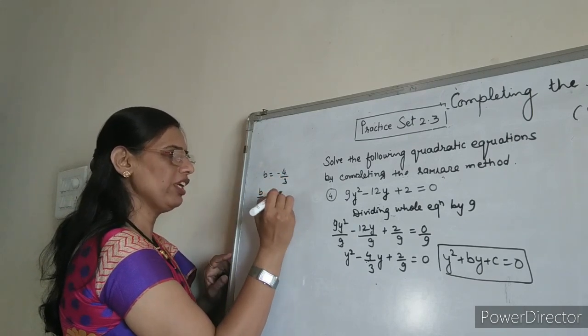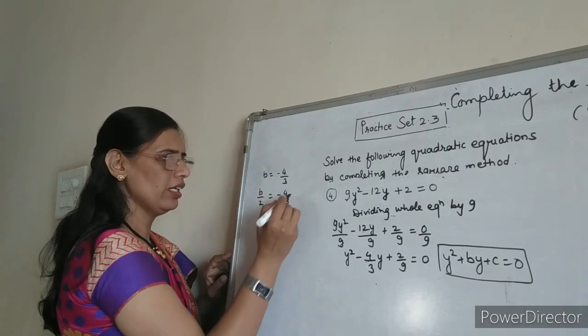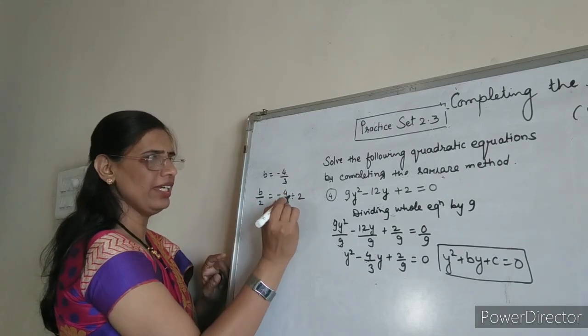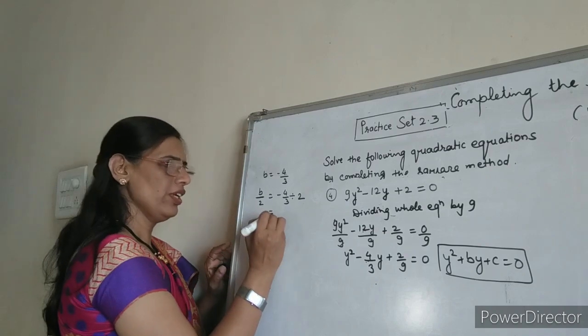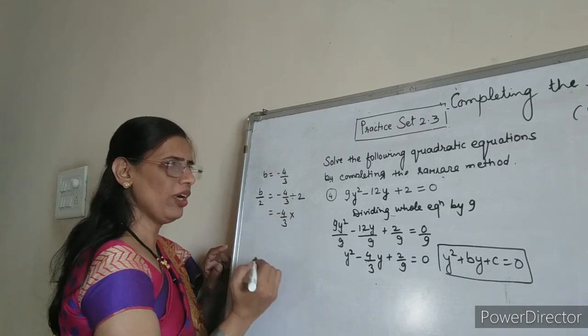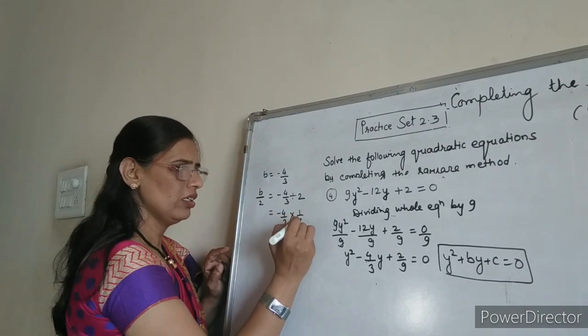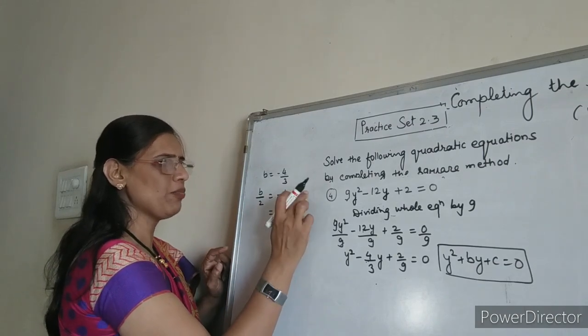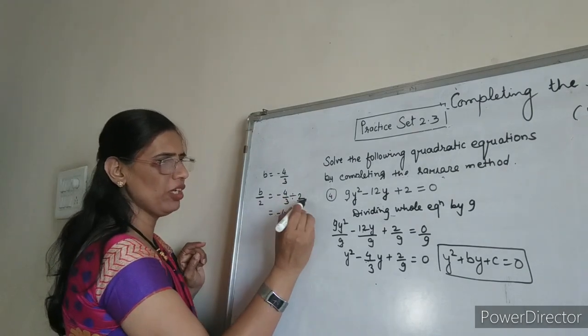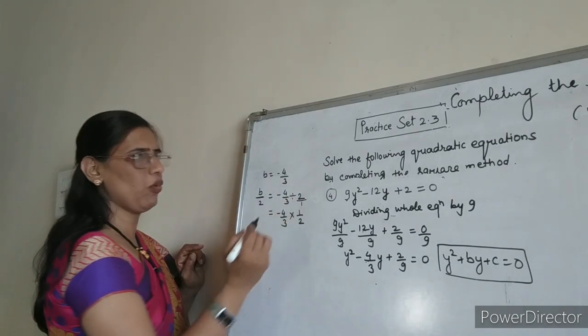So b upon 2 will be minus 4 upon 3 divided by 2. Convert this into multiplication and write the reciprocal of this number. 2 is nothing but 2 upon 1. The reciprocal is 1 upon 2.